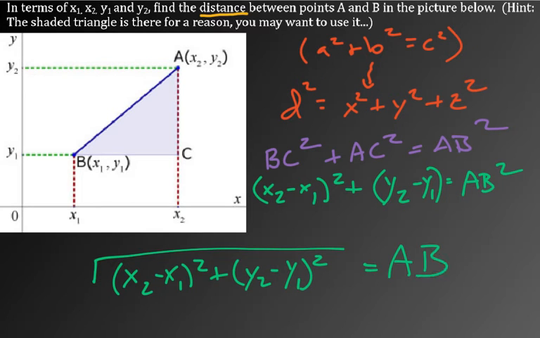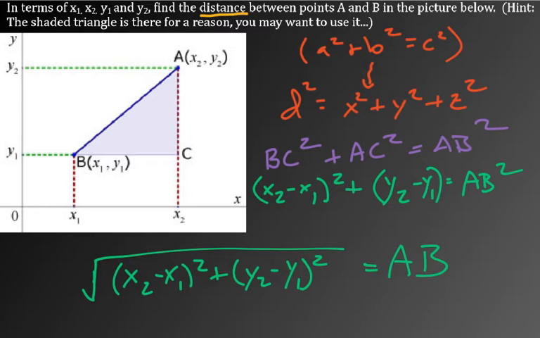And that's it. The distance between A and B is the square root of x2 minus x1 squared plus y2 minus y1 squared. That's the distance formula between these 2 points, okay?